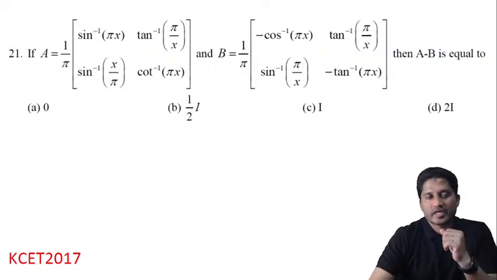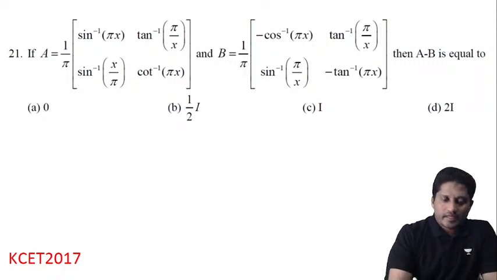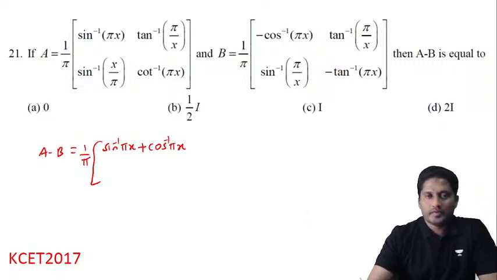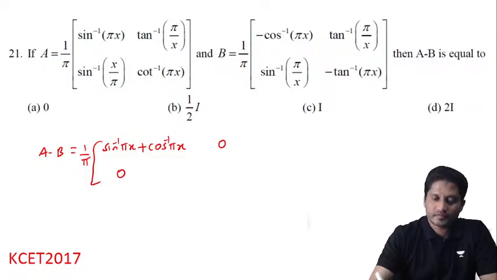This is repeated, guys. We have done this in the 15 or 16 paper. NCERT exemplar question. A minus B is equal to 1 by pi. If you subtract, sine inverse of pi x, minus and minus is plus, this is cos inverse of pi x. Tan inverse of x by pi subtracted is the same, 0. When this is 0, cot inverse of pi x plus tan inverse of pi x.